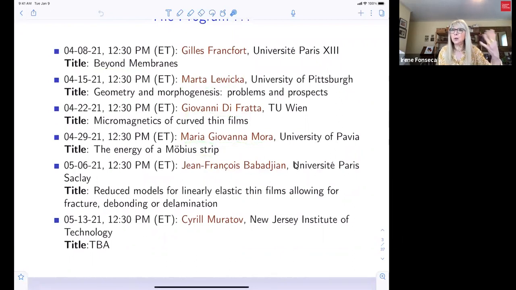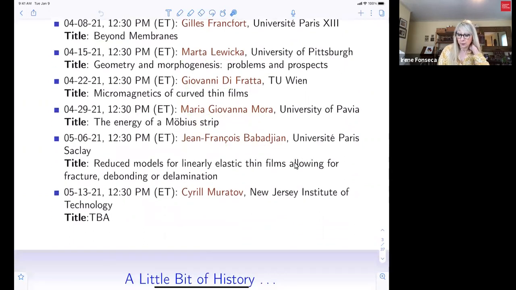So again, here you're going to have geometry involved in the problems. Jean-François Babadjian will talk about reduced models for linearly elastic films with fracture and debonding. Actually, I'm going to talk about some of these also today. And Cyril, well, it's a surprise, we don't know yet.